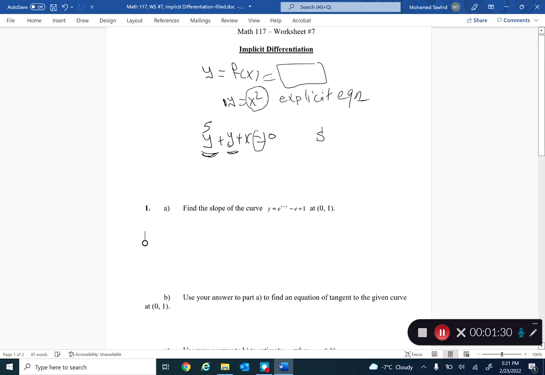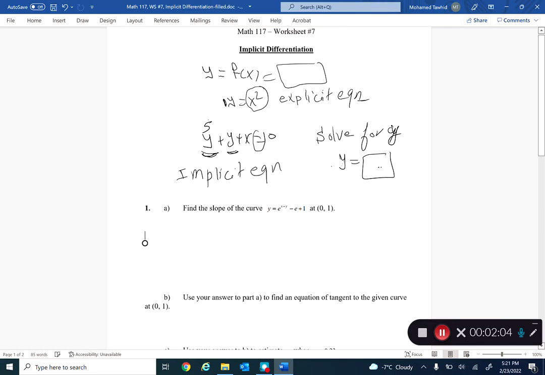To solve for y means y equals something, with the number in front of y being 1 and everything on the other side a function in x. But because you have y to the power 5 and y, I cannot solve this for y. So this one we call an implicit equation.